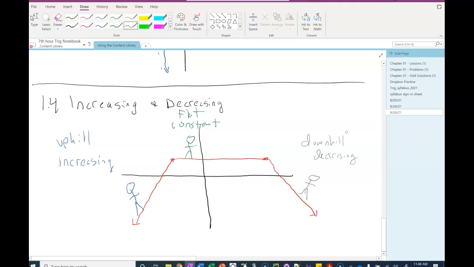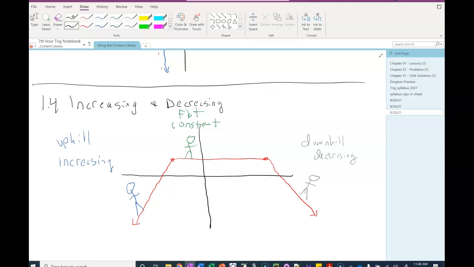Everybody okay with that definition? I'm not going to define it in words because, well, it gets kind of wordy. But talking about your little person that walks along the graph, it's pretty simple, right? It's a simple idea.